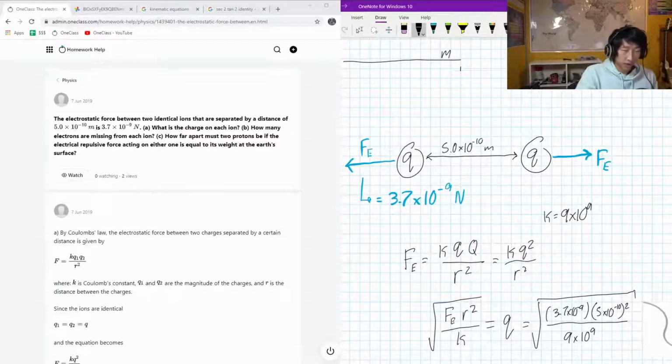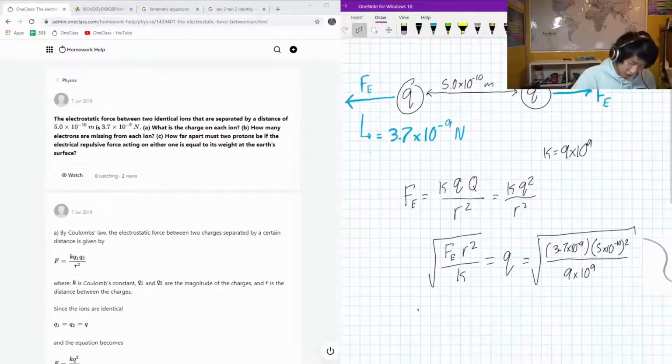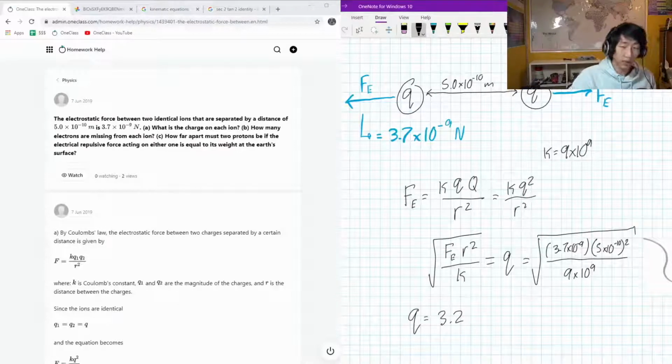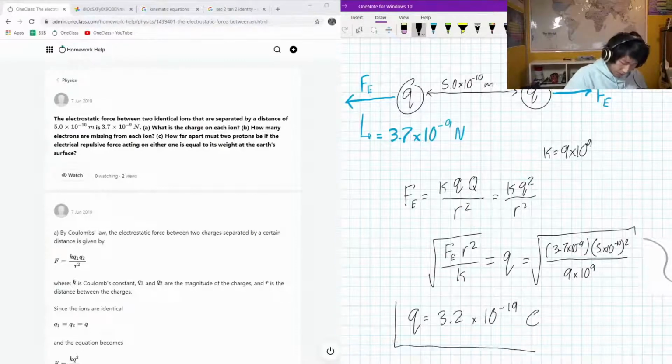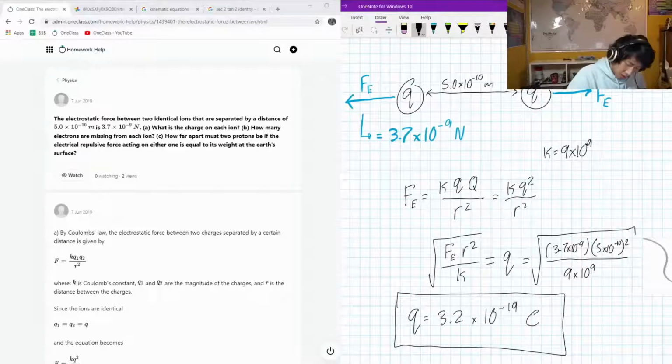So, okay, my calculation for the charge Q is 3.205. We only got two significant figures, so that's what I'll need to leave it as: 3.2 times 10 to the negative 19 coulombs. Okay, so this will be the charge of the ions.